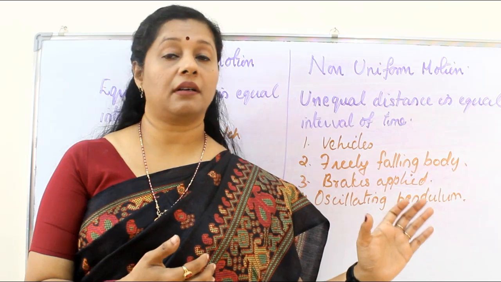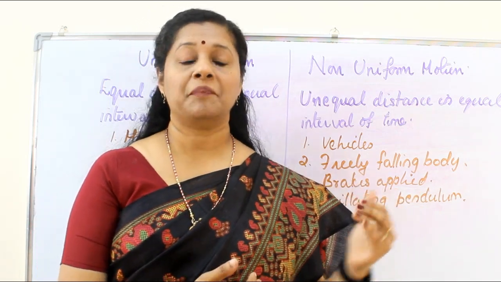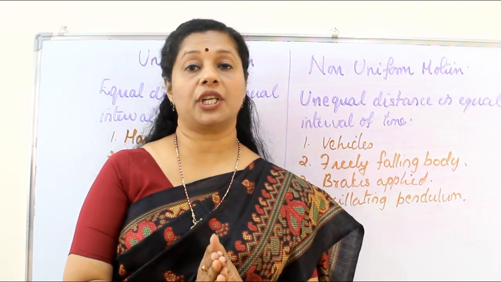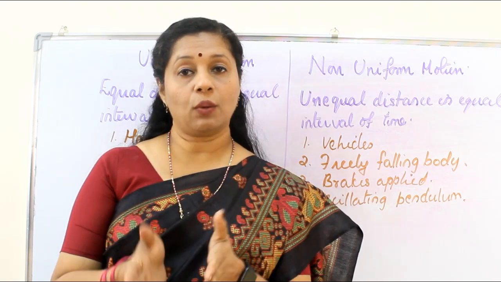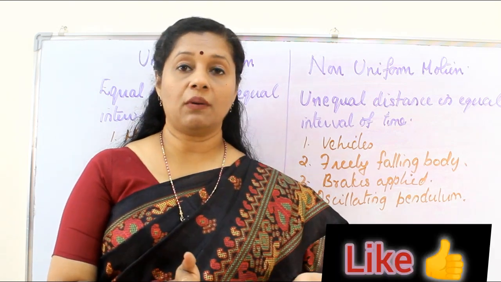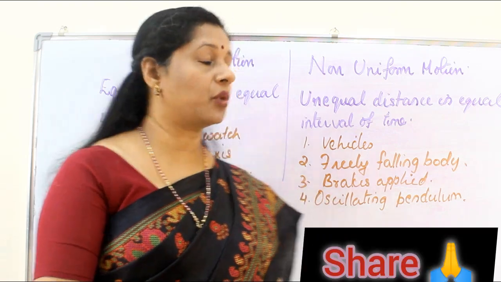But it is a highway, or an expressway, where he can travel at a very high speed. Okay, so this is the way we describe uniform motion and non-uniform motion. Equal distance covered in equal intervals of time is uniform motion. Unequal distance in equal intervals of time is non-uniform motion.